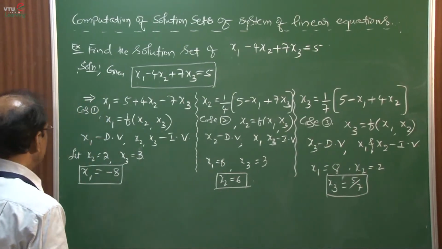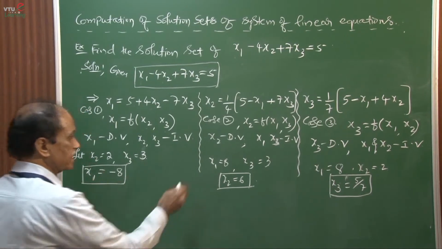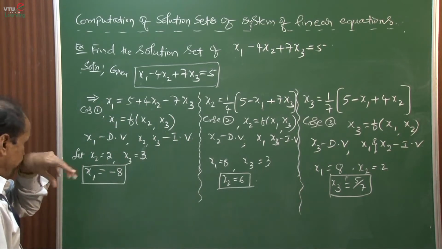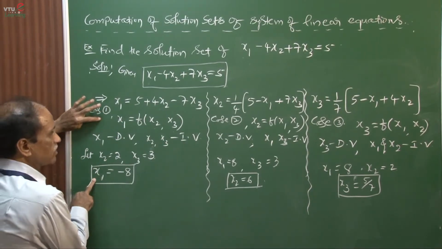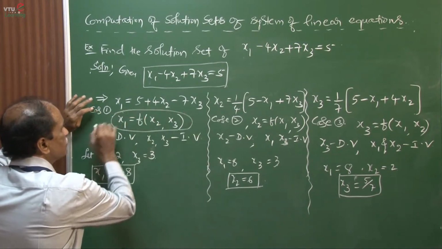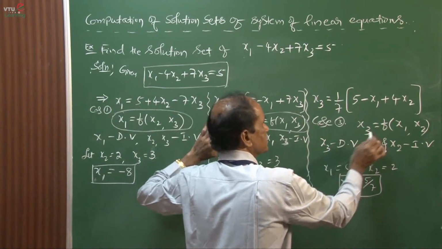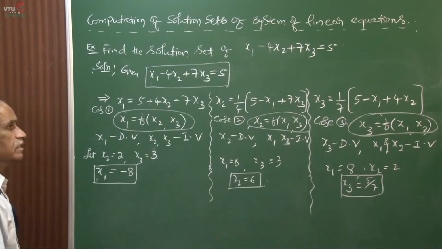Anyway, the solution set in this form I can write for all three, as I have written in the previous example. For the first one, x1 I have to write at the end, because x1 is a function of x2 and x3, x2 is a function of x1 and x3, and x3 is a function of x1 and x2.